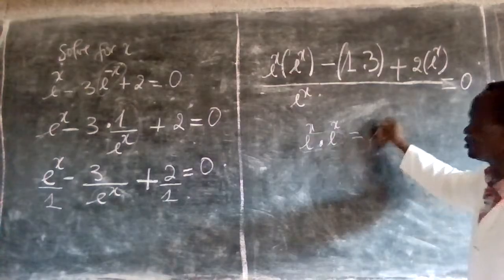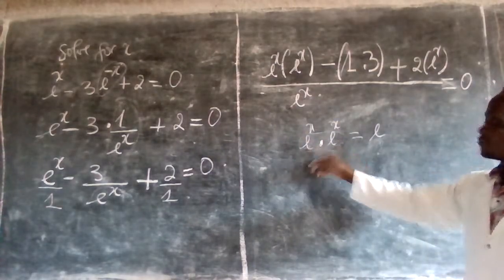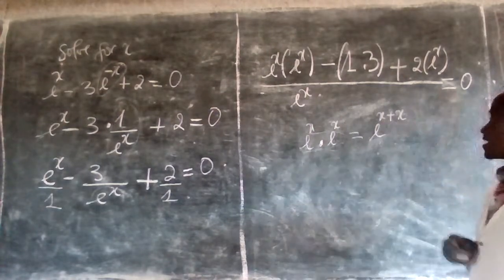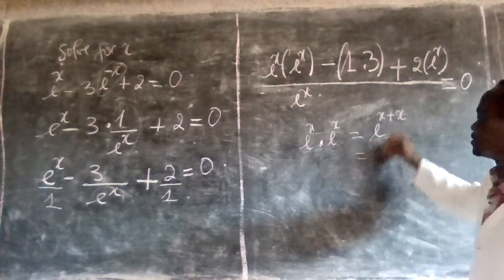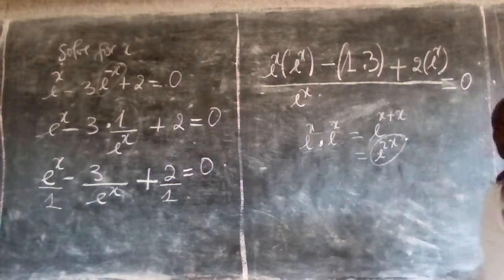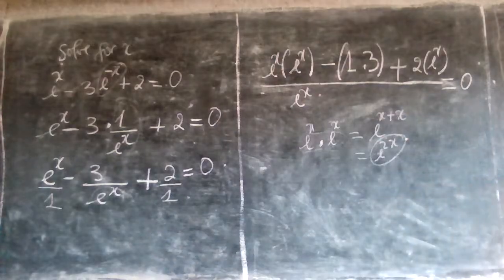It is e as their base. You take one base because they are both similar. Power x plus x. Now it is e^(2x). You see, this is what we are going to do at this factor.